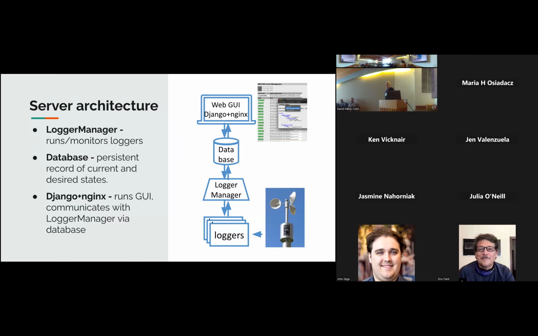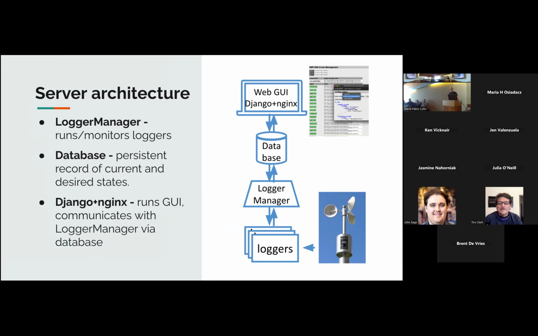So here's a cartoon diagram of the server architecture. There is this thing called the logger manager, which is the thing that manages the loggers. It checks that they're running, and if they're not running, it tries to get them running, and it reports the status back.